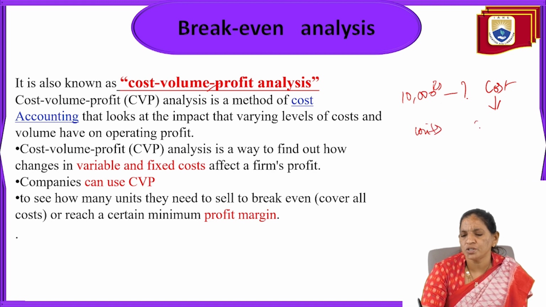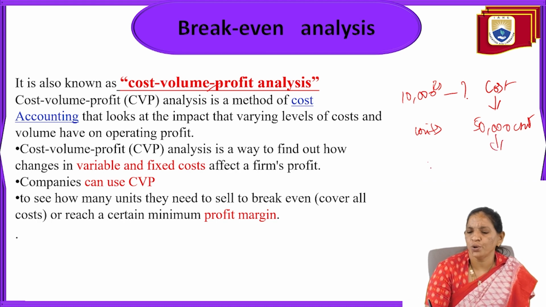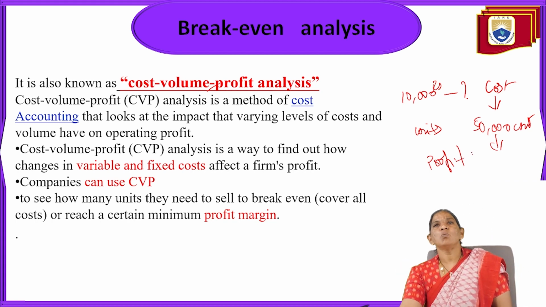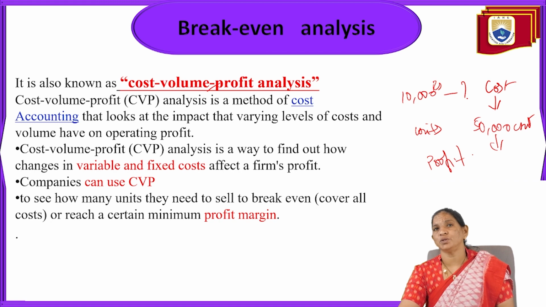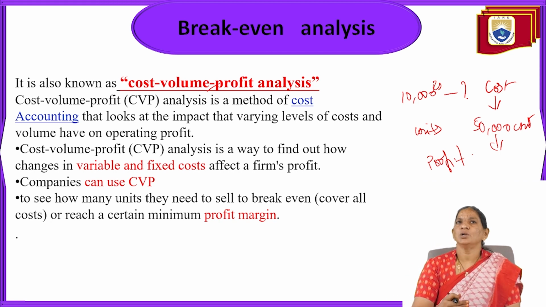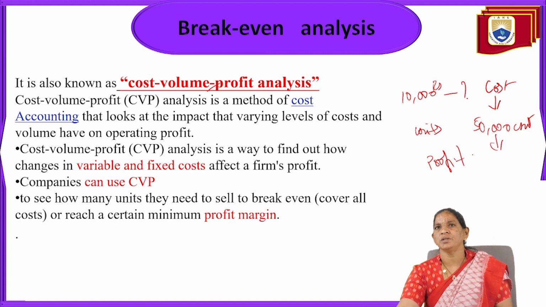Maybe you have produced 50,000 units. For those 50,000 units, what profit have you achieved? So we visualize the cost involved and the number of units produced, which units are under the no profit no loss point, and which are above it, to find out where we get profits.